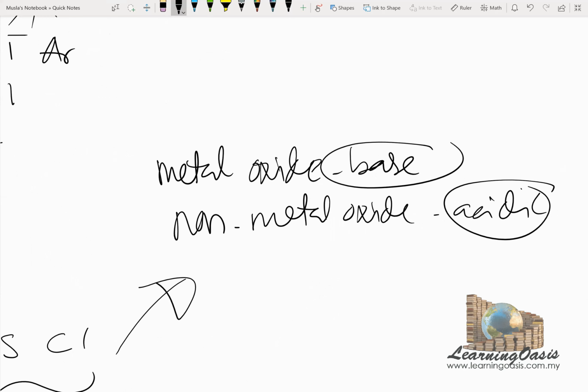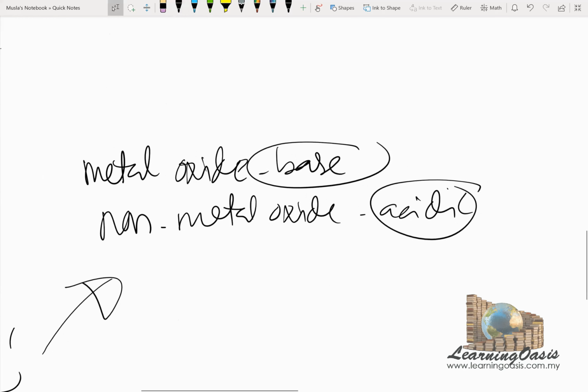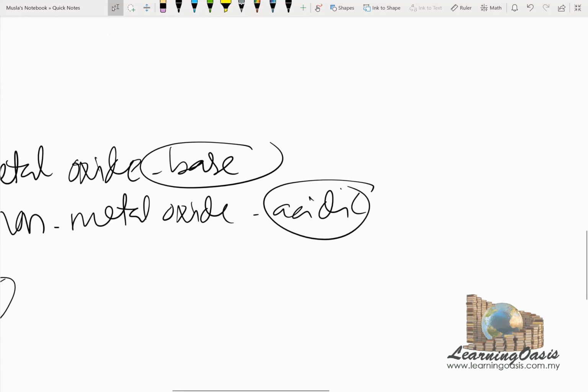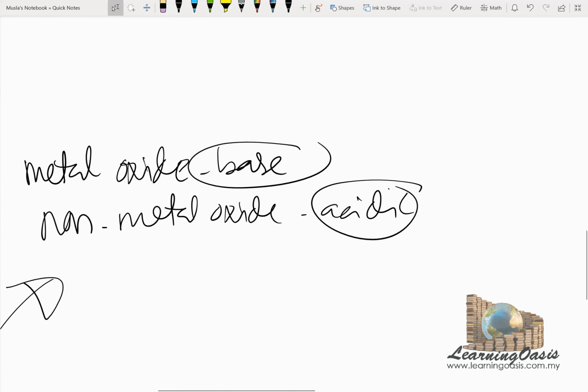Now, what are non-metal oxides that are harmful to the environment? Sulfur dioxide. Right.